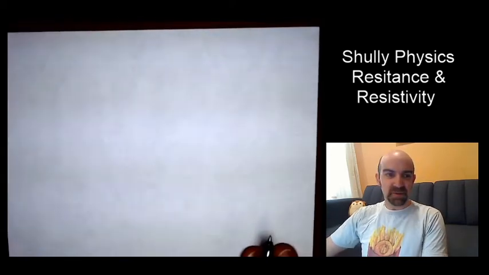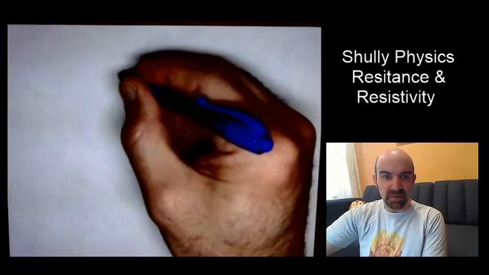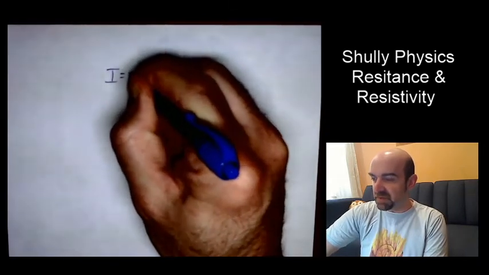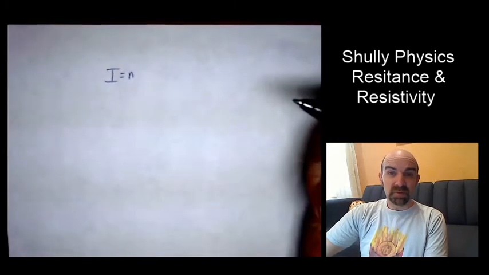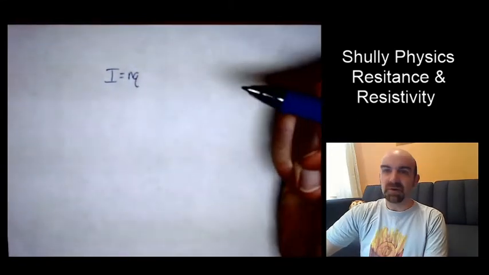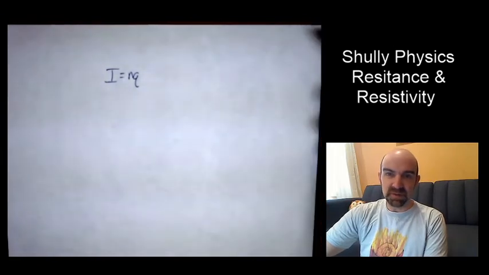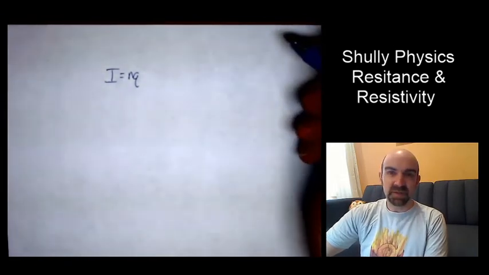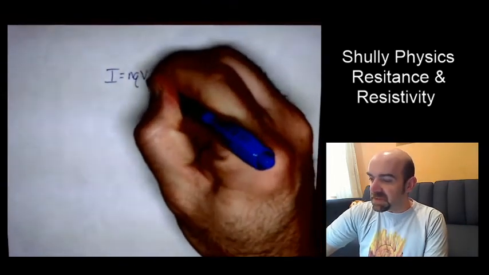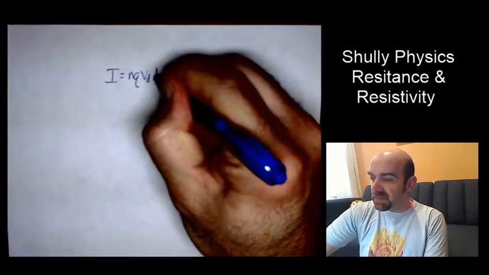To start off with something familiar from yesterday, current, we left off defining it as the number of charges per unit volume, times the amount of charge, usually the elementary charge, 1.6 times 10 to the negative 19 coulombs for an electron, times the drift velocity and the area.